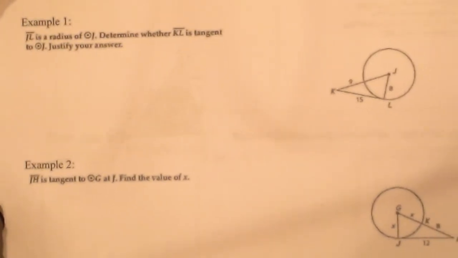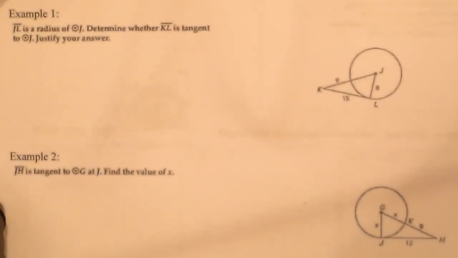Okay, so let's look at some examples. Example 2 says JL is a radius of circle J. Determine whether KL is tangent to circle J. Justify your answer.